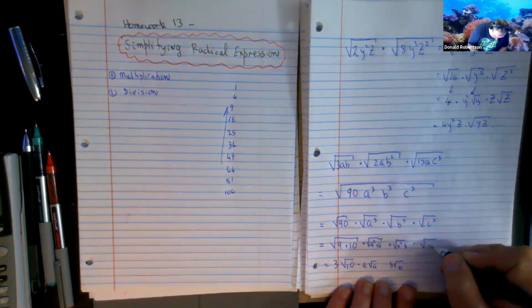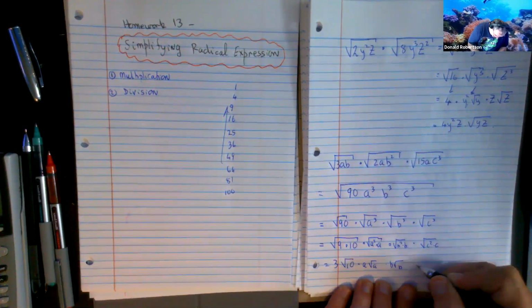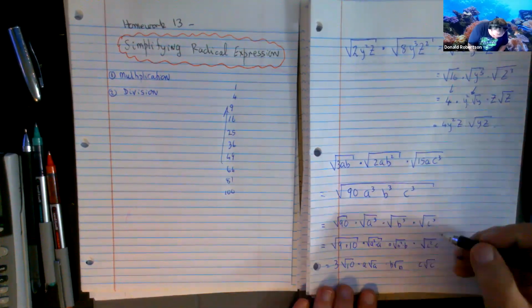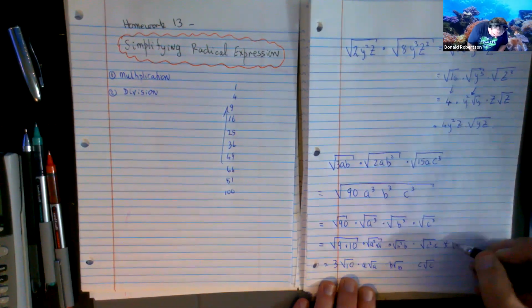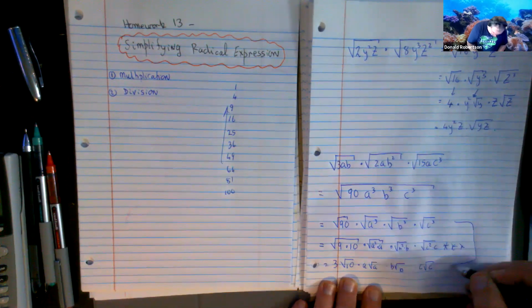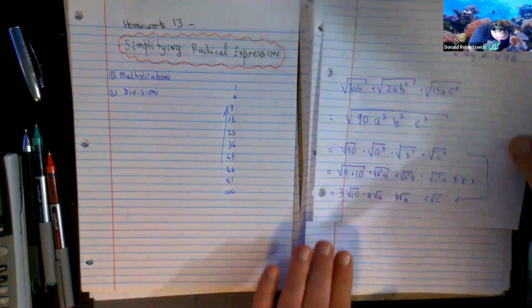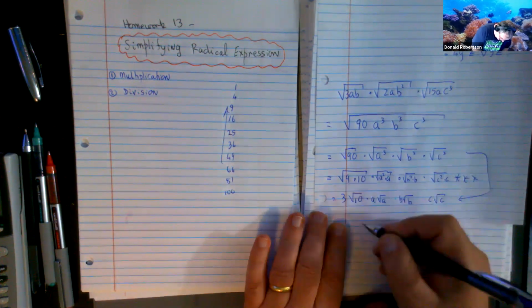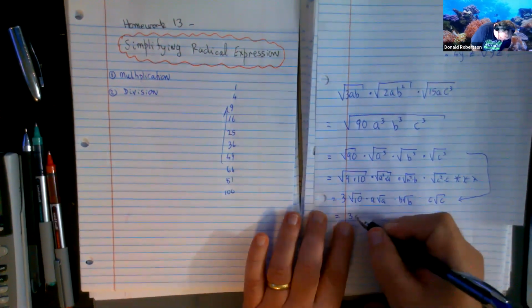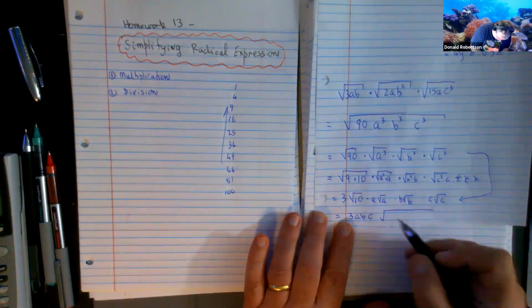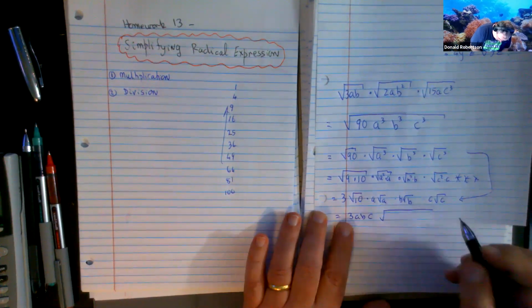And this is going to be c squared times c, and that's going to get you c square root of c. A lot of people might not do this line at all. They might just jump from one to the other, and that's fine. Tidying up now, that's all I'm doing. It's 3abc, and a big square root made up of 10abc.